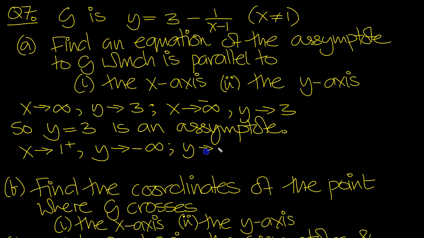And as x tends to 1 from below, coming up to 1, x minus 1 will be small negative, so 1 over it will be large negative, and combining with the minus, large positive, so y will tend to infinity. So x equals 1 is also an asymptote.